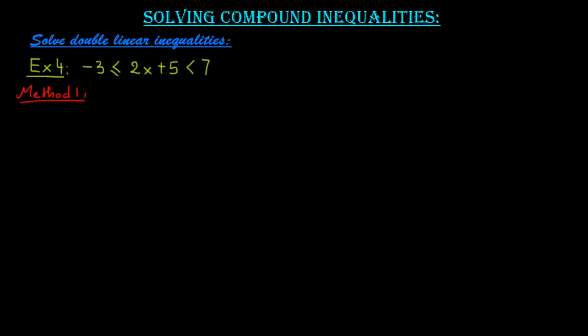So method 1, we solve this one by keeping all 3 sides of the inequality. Let me rewrite this. We have a total of 3 parts of this inequality: the first part, the one in the middle, and the one in the back.